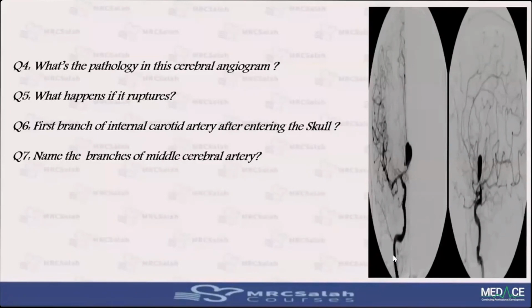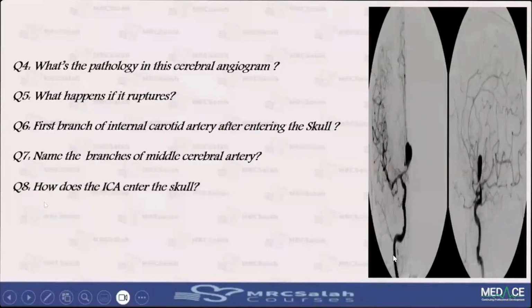Among the parieto-orbitofrontal, there are precentral, central, and postcentral branches. Yes, and don't forget the cortical branches, please. How does the internal carotid artery enter the skull? The internal carotid artery enters the skull through the carotid canal, passing over the foramen lacerum.